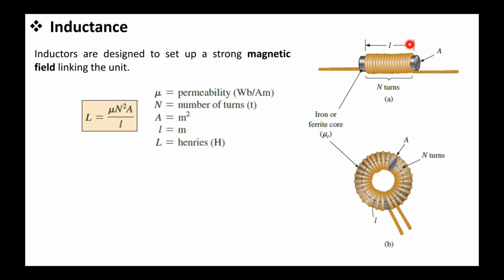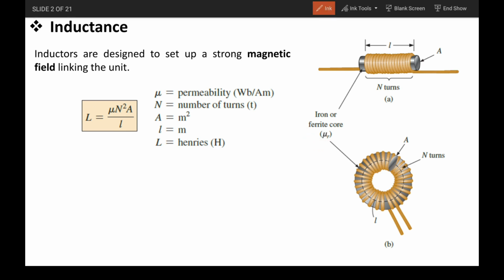So let's say this is an iron or ferrite core, so it should have some relative permeability, mu suffix r, and then we can write mu equal to mu r multiplied by mu 0, which is the permeability of the air medium, 4 pi into 10 to the power minus 7.